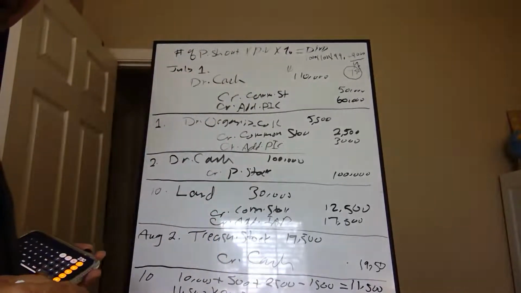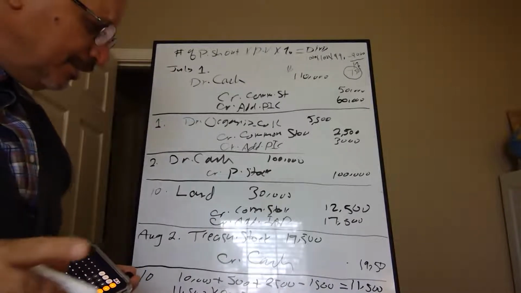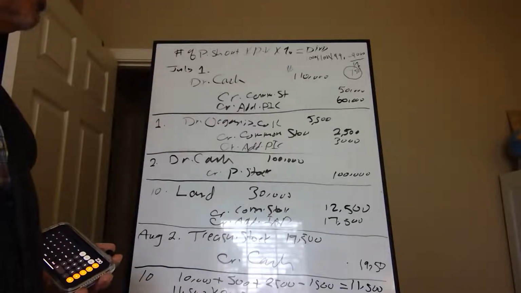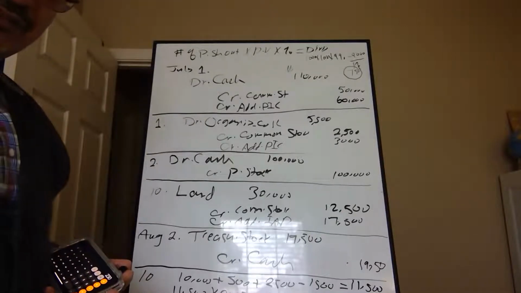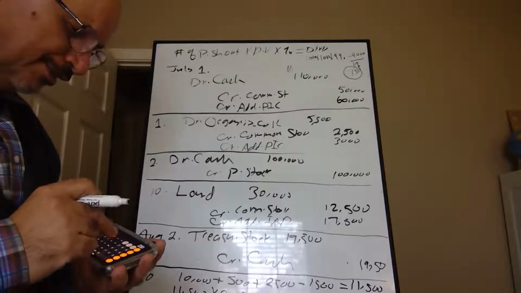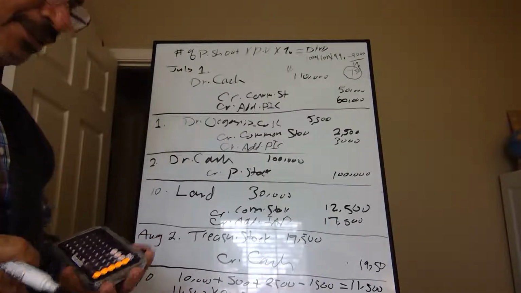Okay, so the common shares are getting dividends of $230, and the preferred shares are getting $750. So the total dividends is $230 plus $750, which gives us $980 in dividends.